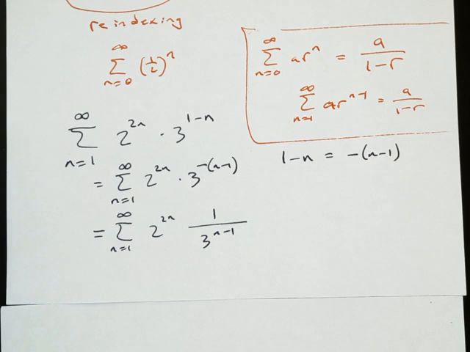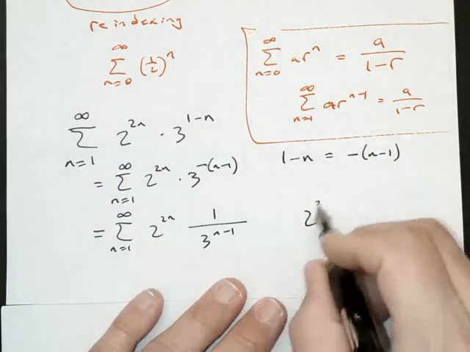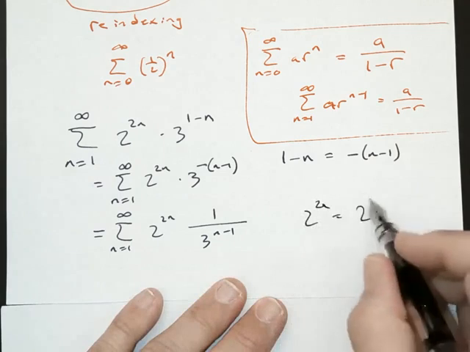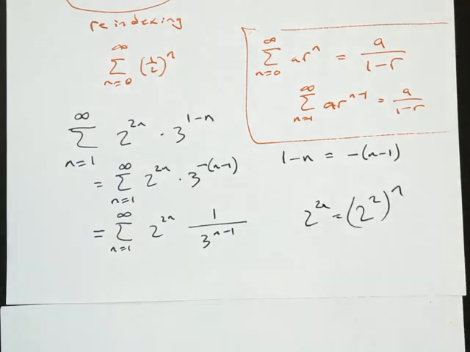So instead of writing 2 to the 2n, I'm going to write that as 2 squared, to the n. What's inside the parentheses? 4. So that's just 4 to the n. I like that.